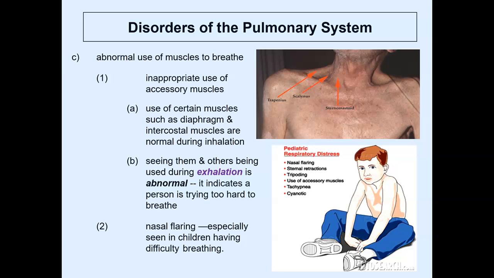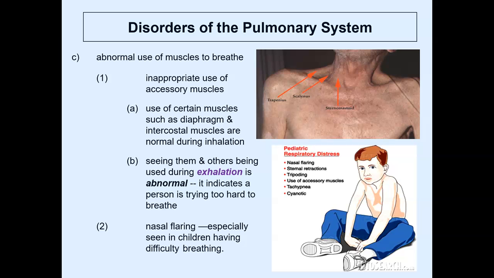In addition to the respiratory rate and depth, we want to know, is there use of abnormal respiratory muscles? In other words, we talked about the fact that inhalation requires a lot of energy. Yes, we don't recognize that it does, but from a body standpoint, it is more work to inhale. And so we do use chest muscles. We may use those muscles in the upper around the clavicle area and in the neck area, and that is technically normal during inhalation.